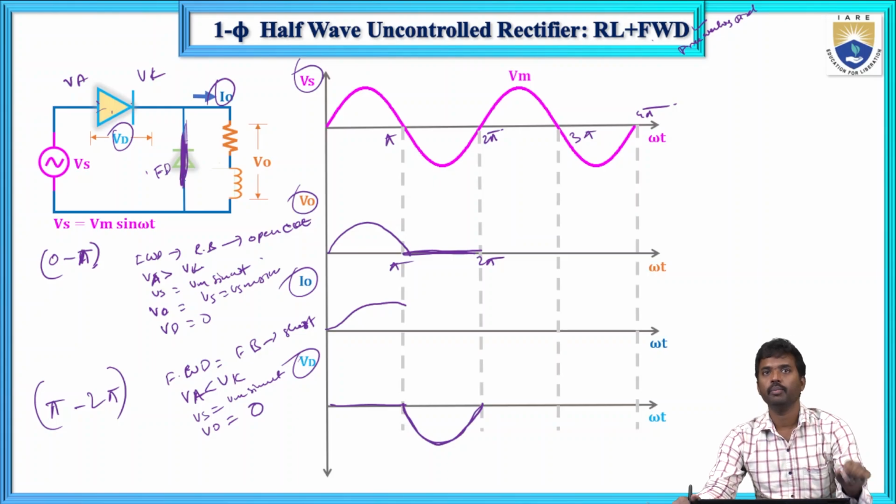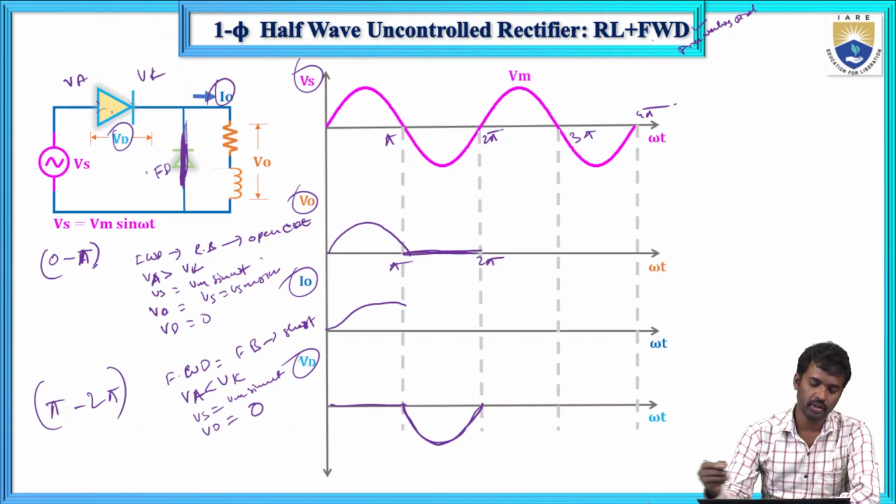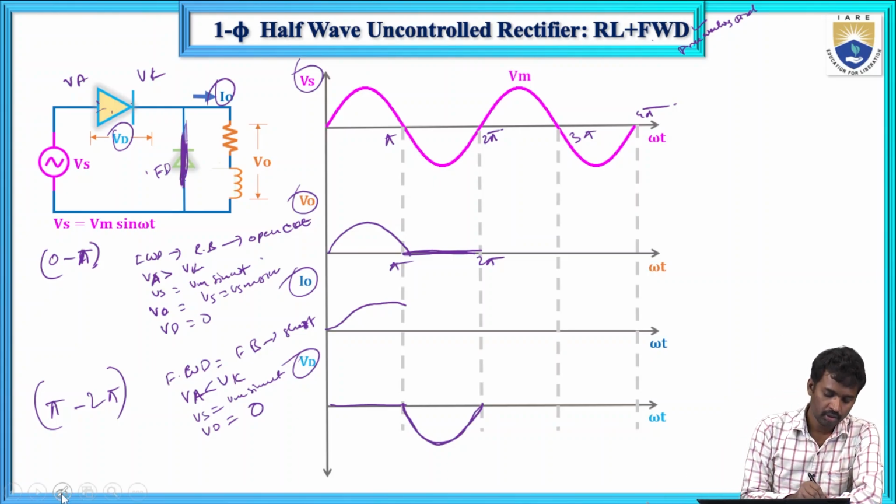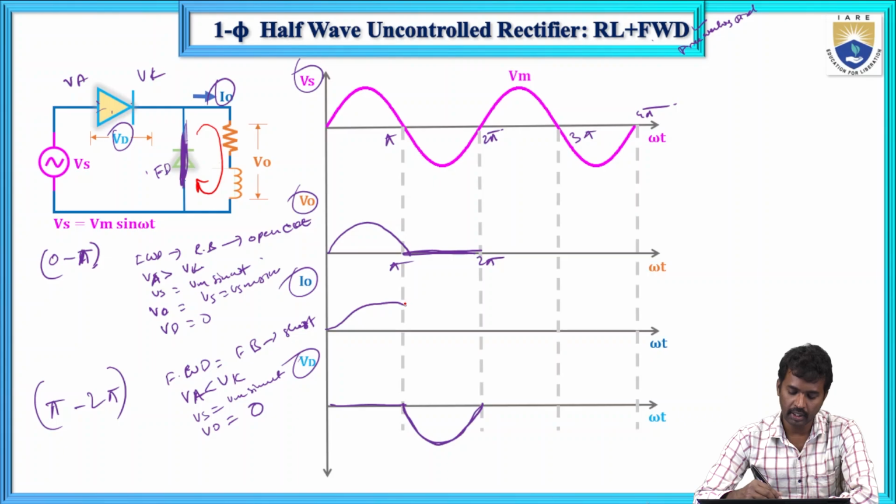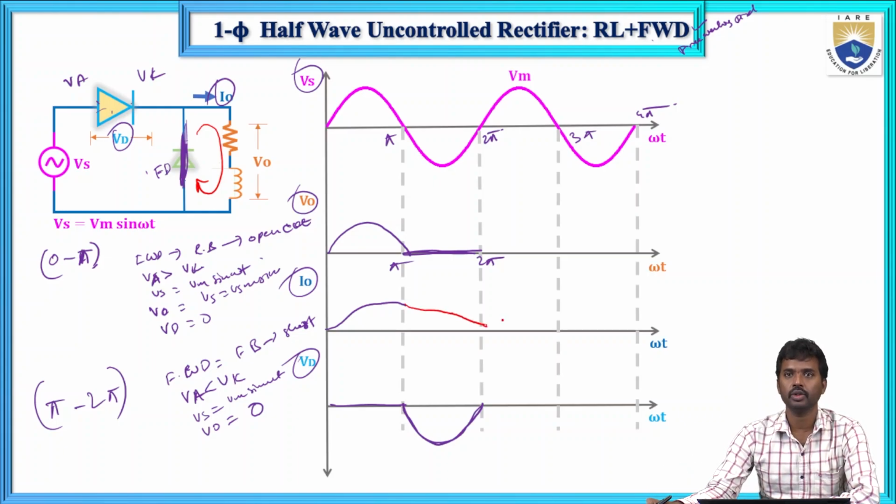But because of this freewheeling diode, which conducts during pi to 2 pi, the current freewheels, so it will not be 0. So continuous current is possible. Continuous current mode is possible in the case of a freewheeling diode.